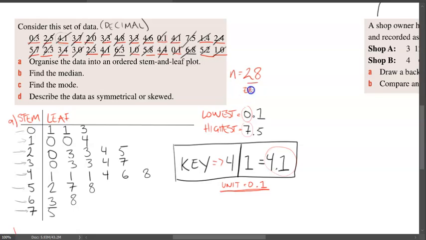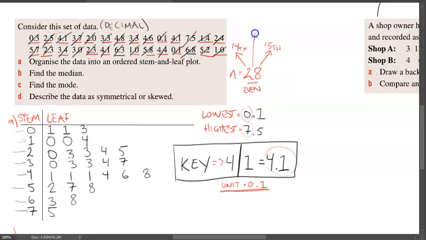This is an even number, so I know that the two middle values are going to be the 14th and the 15th. How I knew that is I got 28 and split it into 2 parts, and half of 28 is 14.